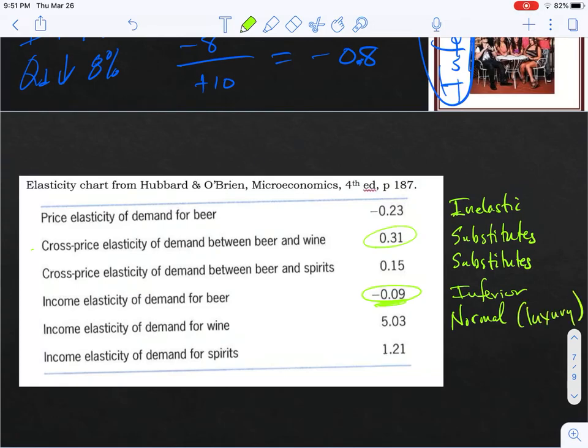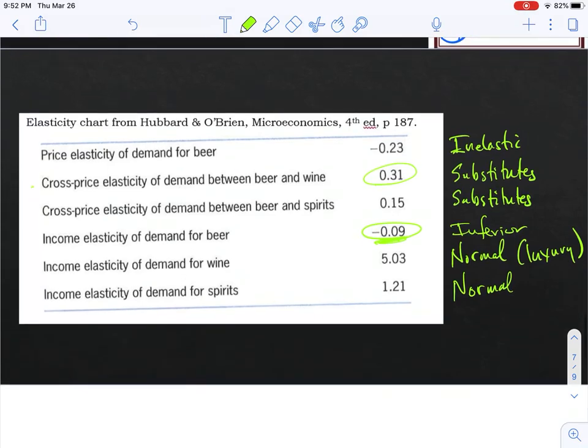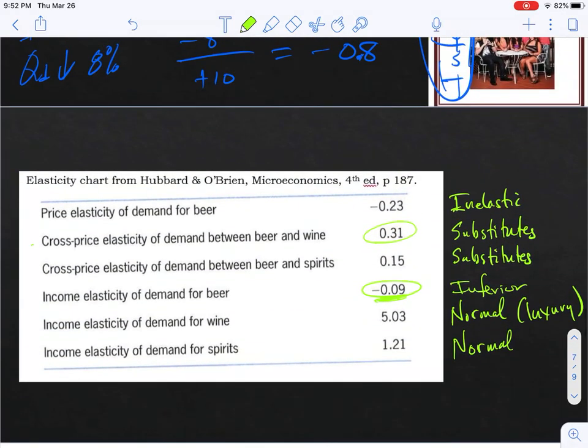I'm not going to get too much into that, but notice that something as large as 5, not only is it a normal good, it would be considered a luxury good. And the income elasticity of demand for spirits, 1.21, would also suggest that it is a normal good. So there you go. That's how you might interpret some of those values. That's what it means.